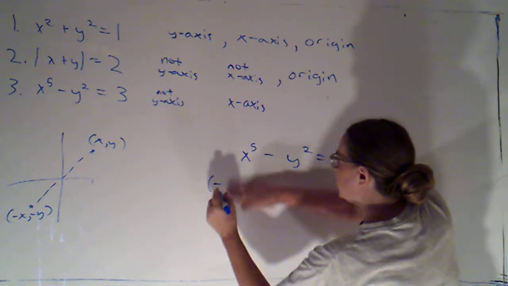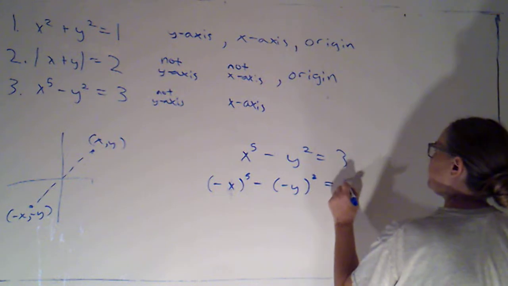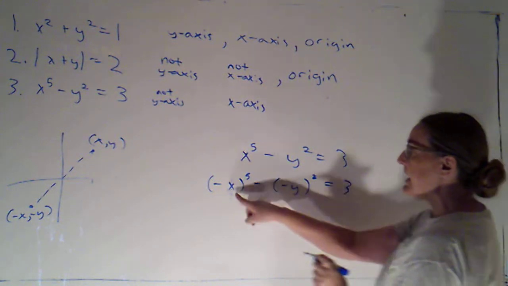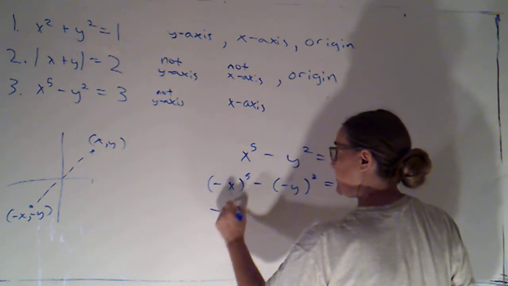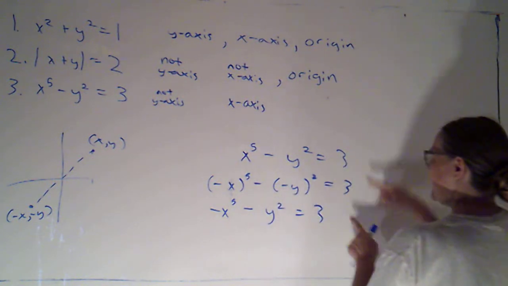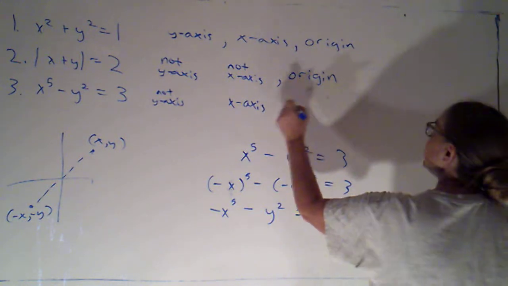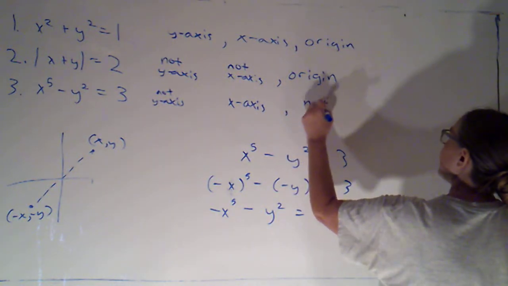So we'd be looking at negative x to the fifth minus negative y squared equals 3. Here, that negative sign is preserved. Here, it's not. These equations are not the same, and so the answer is no, it's not symmetric about the origin.